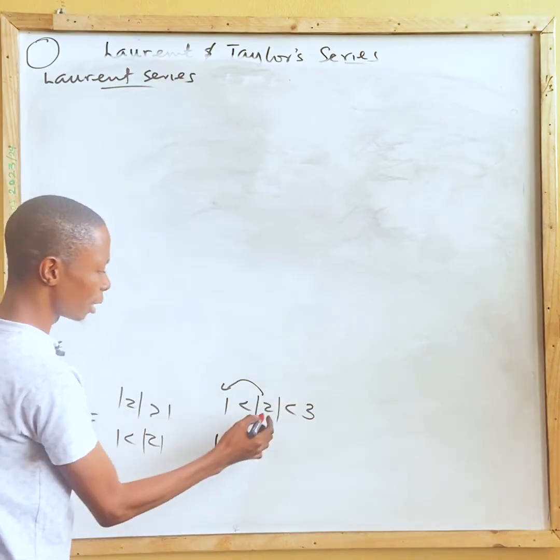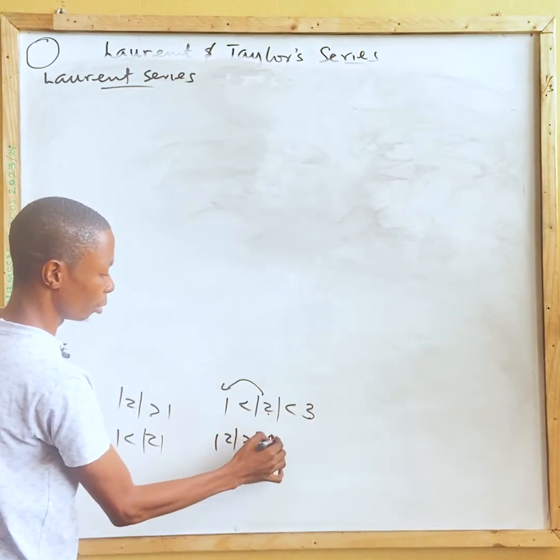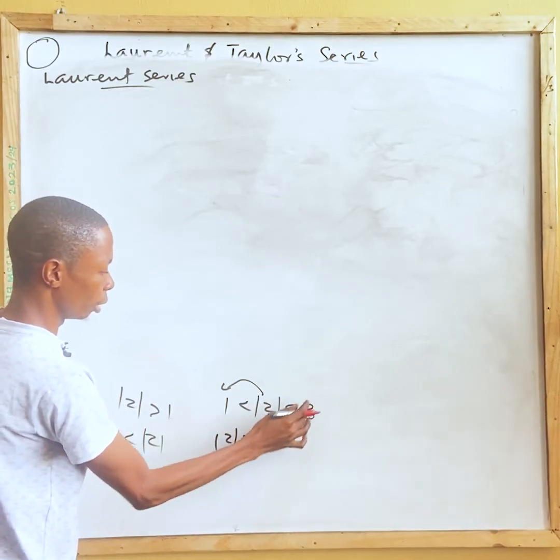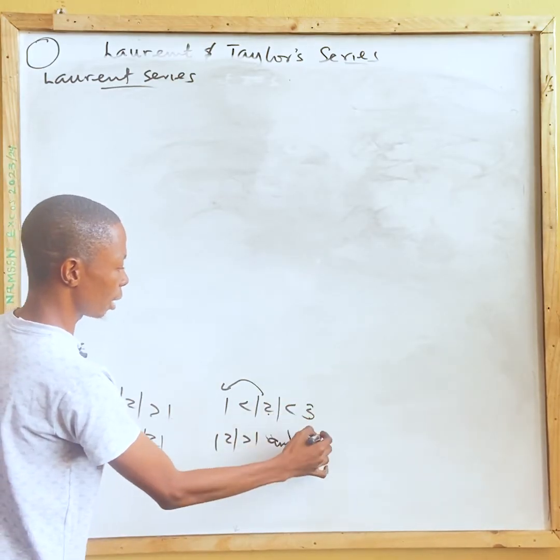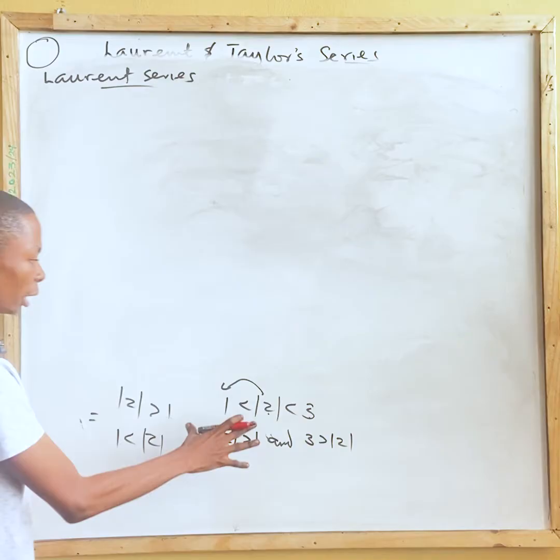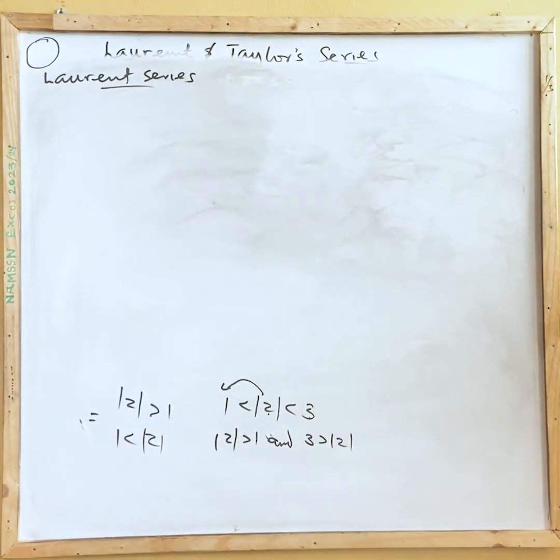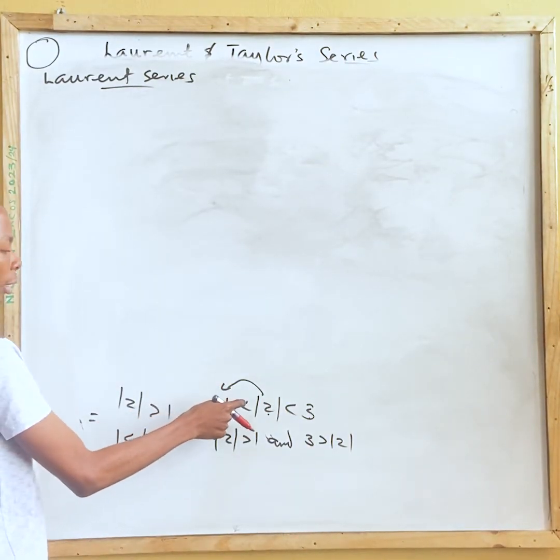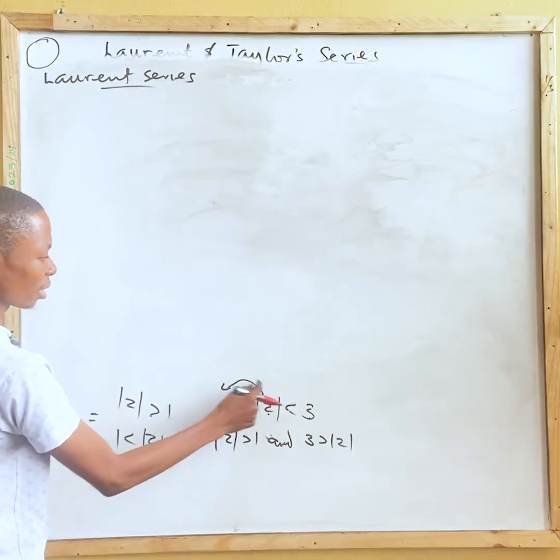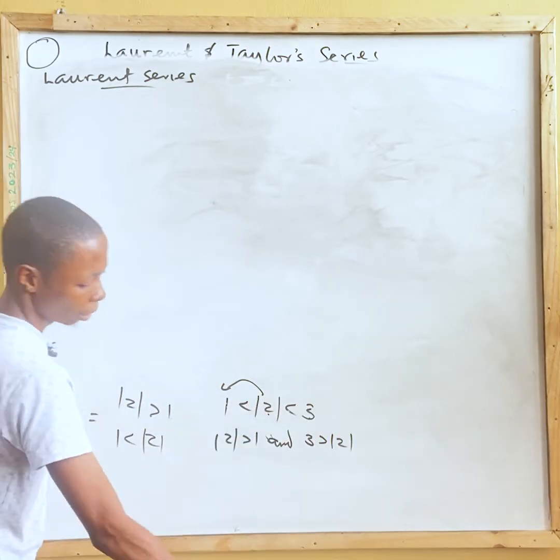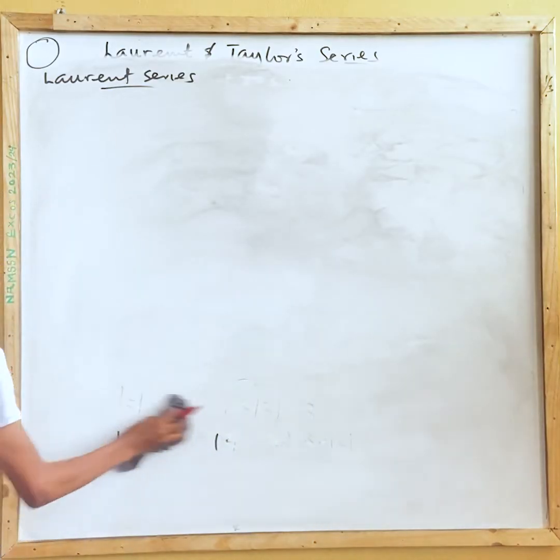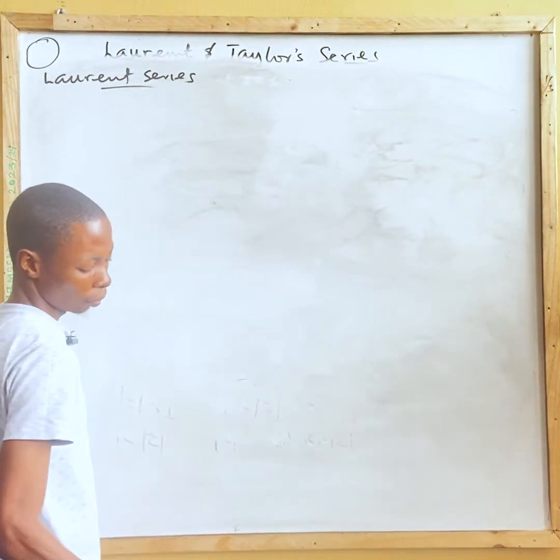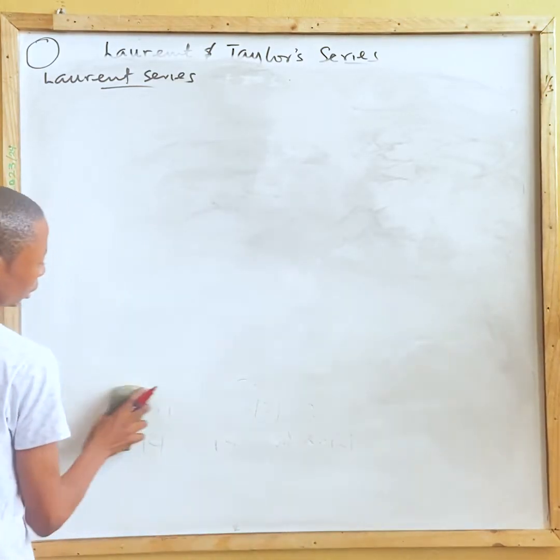And moving the other way, z is less than 3, that's 3 is greater than z. So this is the interpretation of these two inequalities: z is greater than 1 and 3 is greater than z.